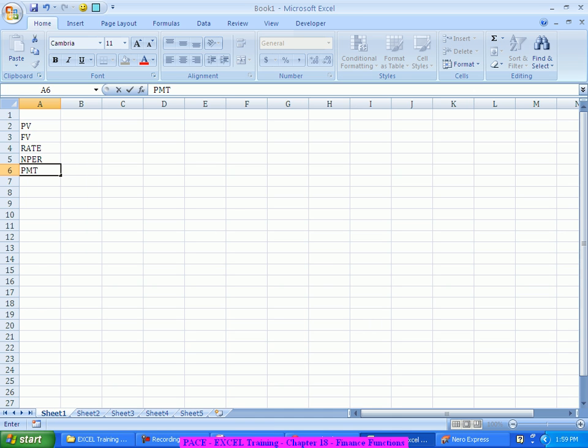Then we also have PMT, which in finance terms is called an annuity, a regular payment or receipt at regular intervals of time. Like your insurance policy premium payment, the same equal amount at equal intervals of time, for some period.